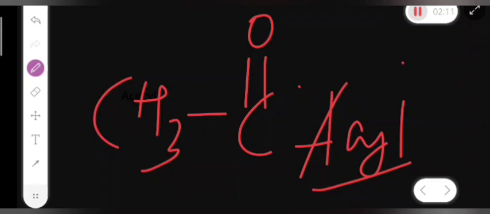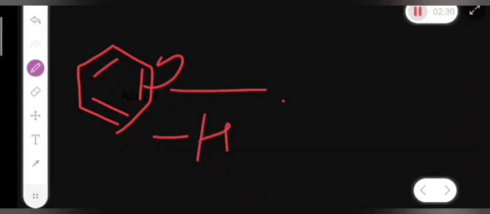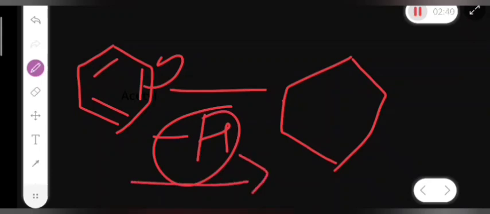Now let me explain the difference between phenyl and phenol. I am considering a benzene ring, and we have hydrogens attached to this ring, right? So if somehow I remove just one hydrogen from this benzene ring, what will be the remaining thing? See, we may have a hydride shift or a proton abstraction by some species. That is, we may either get a cation or an anion, right?